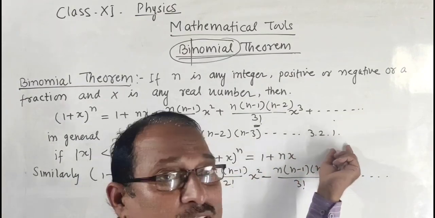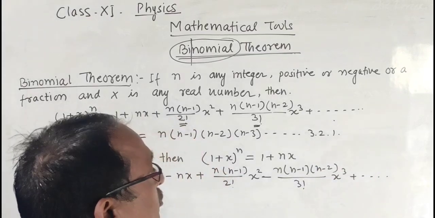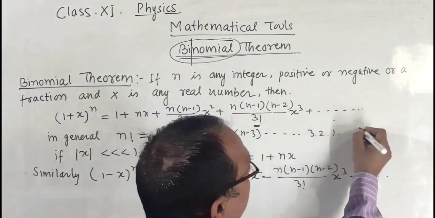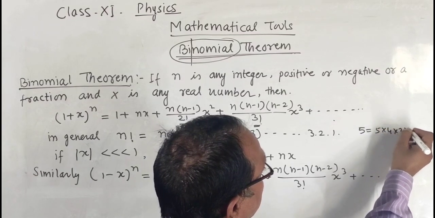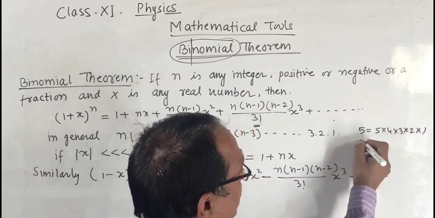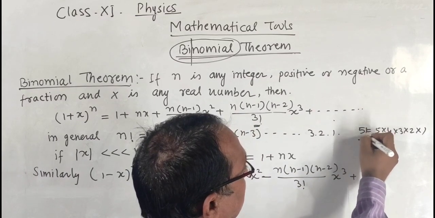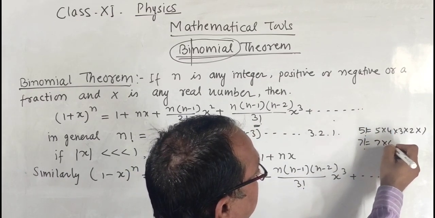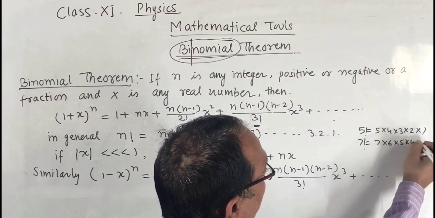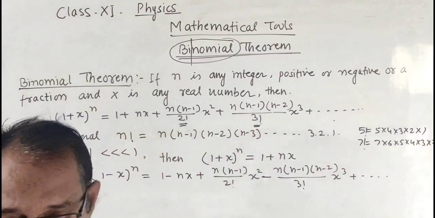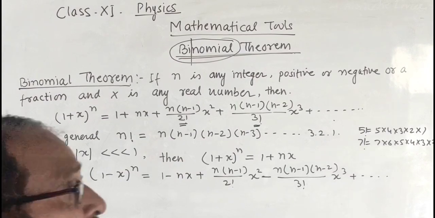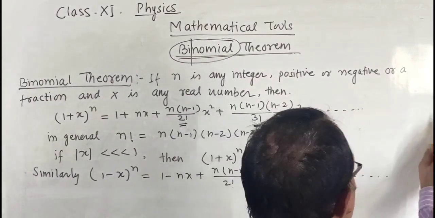At the last, 1 should be there. So if you want to calculate factorial 5, it will be 5 into 4 into 3 into 2 into 1. Factorial 7 can be written as 7, 6, 5, 4, 3, 2, 1. In this way, we can calculate the value of the factorial for any given number.